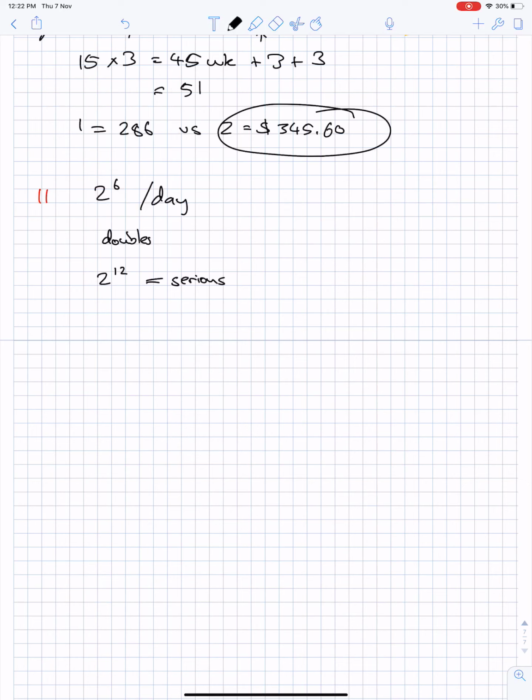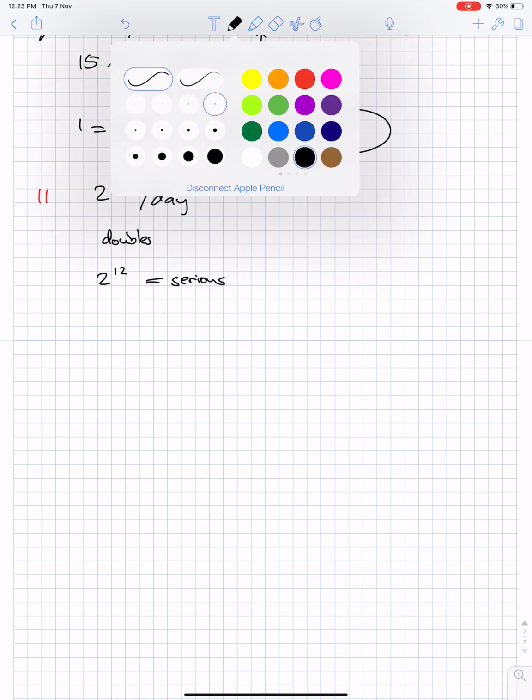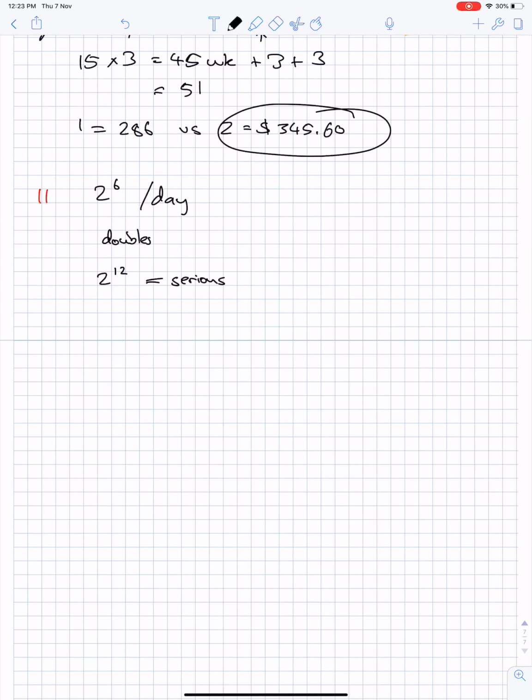So you're just adding an exponent, 2 exponents. So 2 to the power of 6, right? And then plus 2 is 1 day plus, so it's 8, 9, 10, 11, 12.